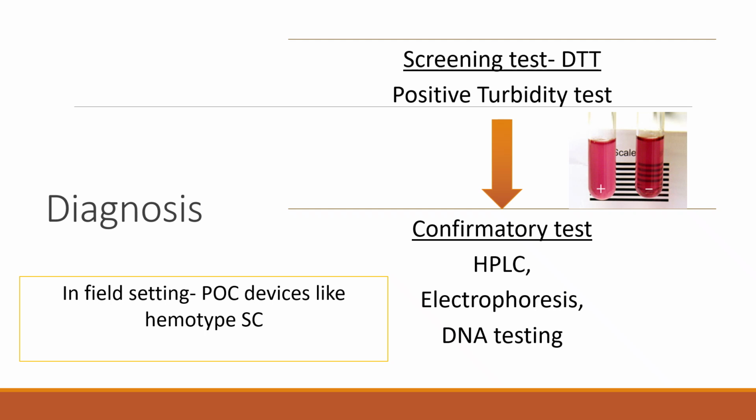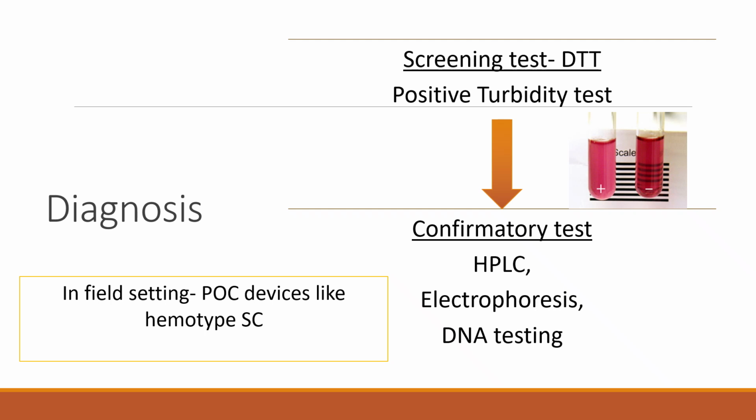All right, moving on to how we diagnose sickle cell disease. Typically in India, we use a screening test using a test tube and a chemical called DTT. A 20 microliter drop of blood is put in the solution, and if it turns turbid, it is sickle positive. Now, this is a screening test.